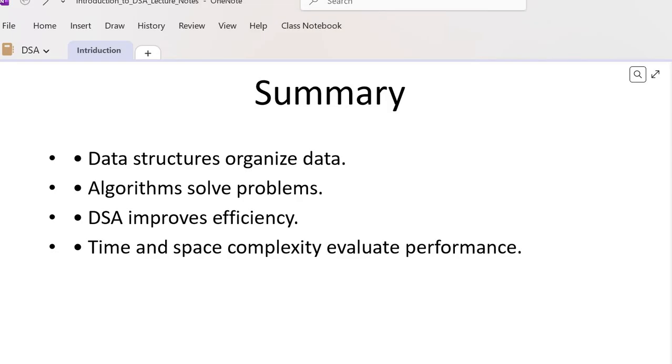Time complexity and space complexity are the two important techniques used for evaluating performance, and they are the key measures of efficiency. And we also saw the different kinds of data structures which can be used. Thank you.